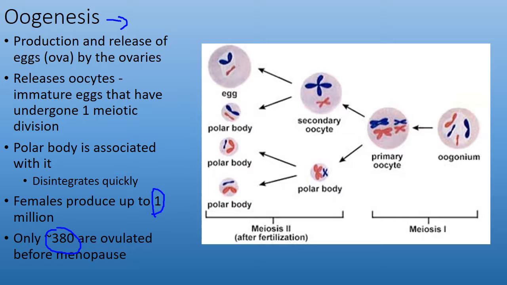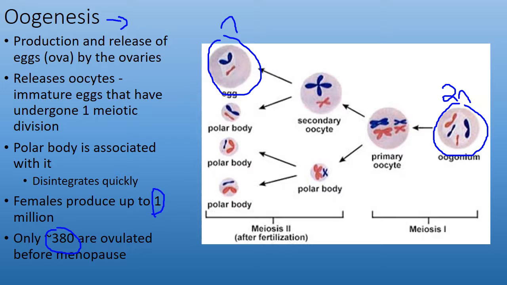Now, oogenesis, the production of a mature egg cell here, we see it starts with an oogonium. Again, the process of producing a mature egg cell is known as meiosis. Again, these are the sex cells that are being produced. We see 2N, obviously, which is a diploid cell going to a haploid cell, half the DNA.